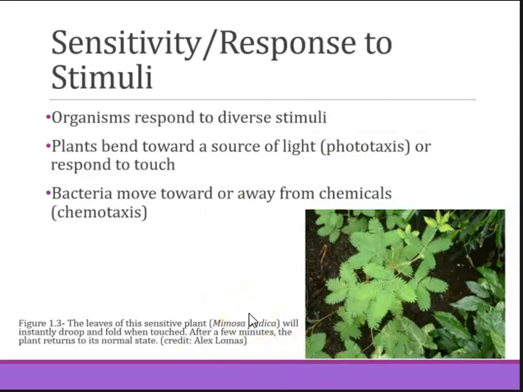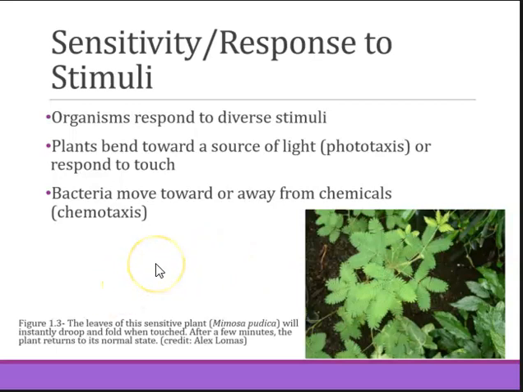Organisms exhibit sensitivity and respond to stimuli. They can respond to a diverse amount of stimuli. For example, plants can bend toward a light source. This is known as phototaxis, or they can respond to touch. At the bottom of this slide, we see a specific type of plant called Mimosa pudica.